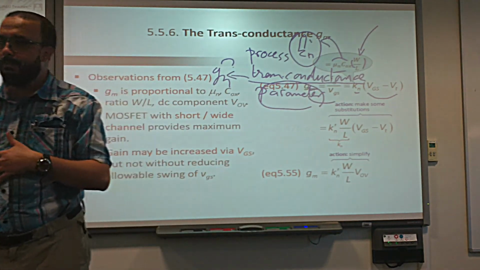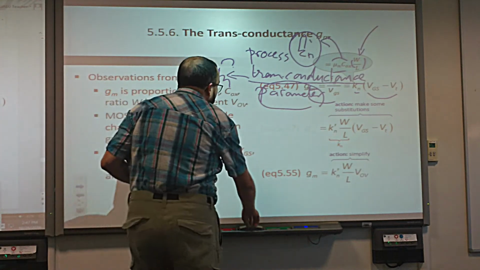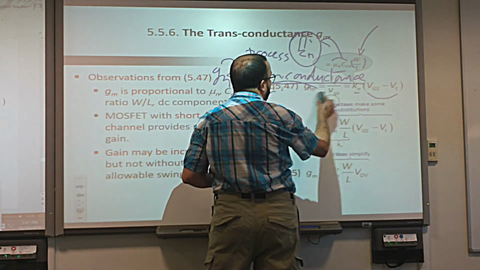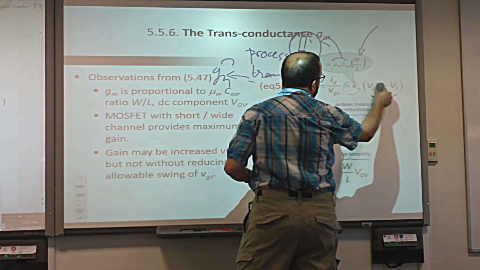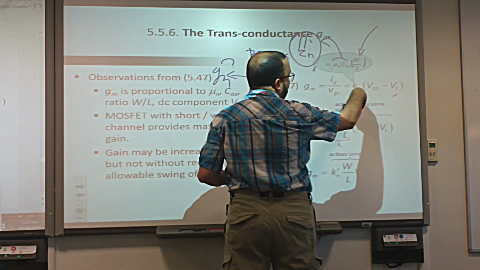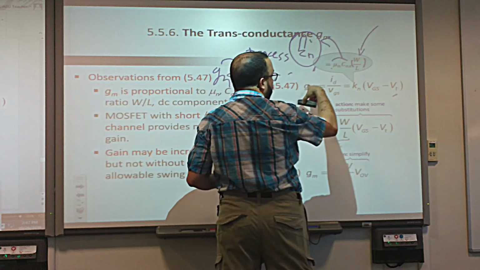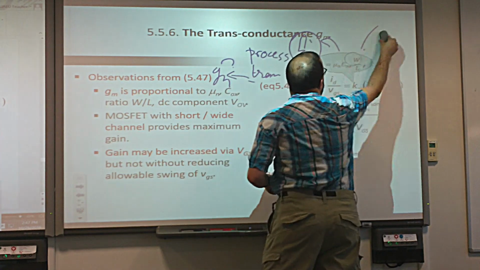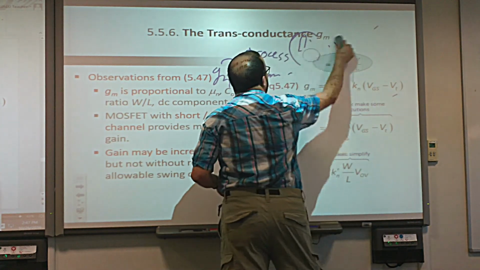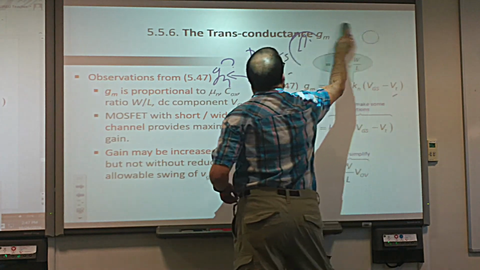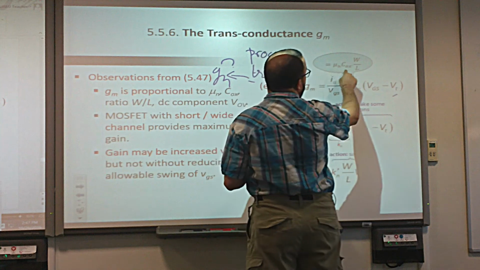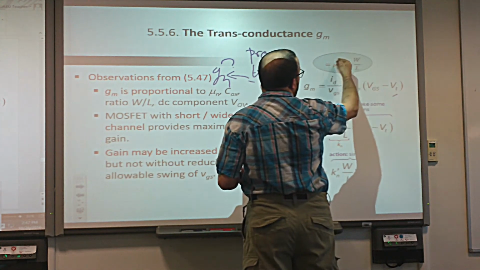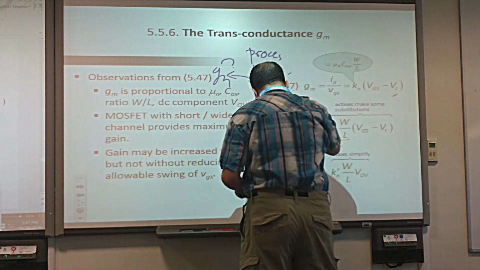It's inside Kn, which is part of GM, the transconductance, and it's related to the factory, the process, how we make this transistor. Because it doesn't depend on circuit voltage or anything, it doesn't depend even on W over L.